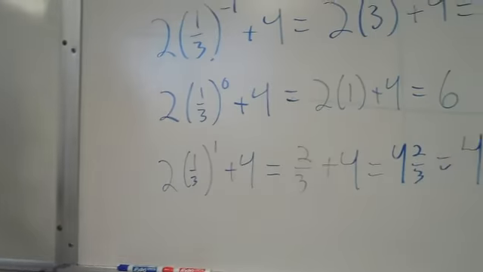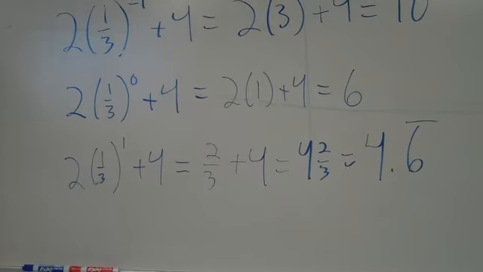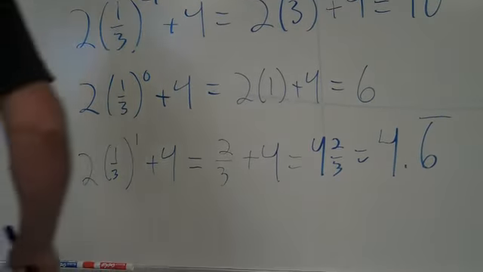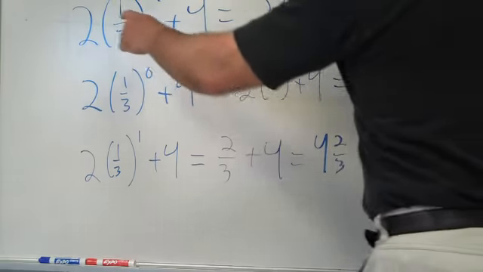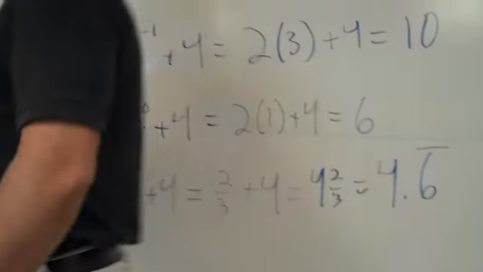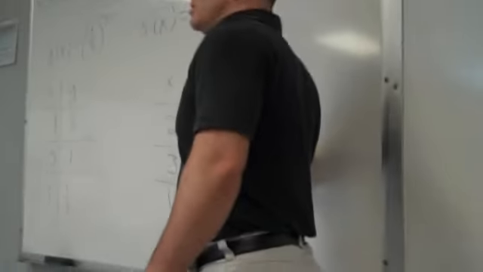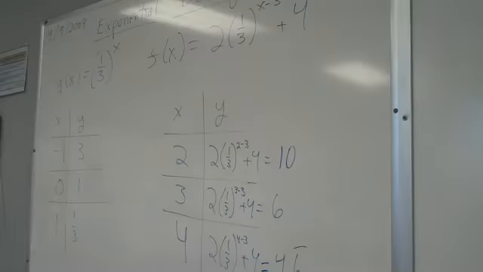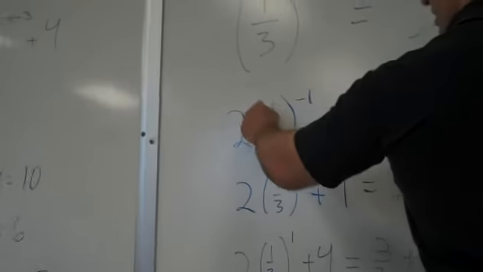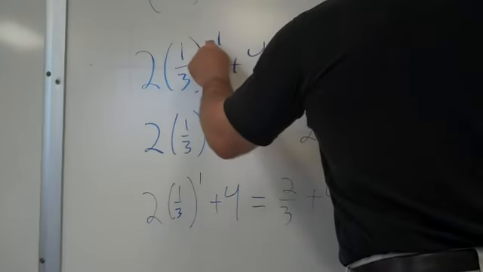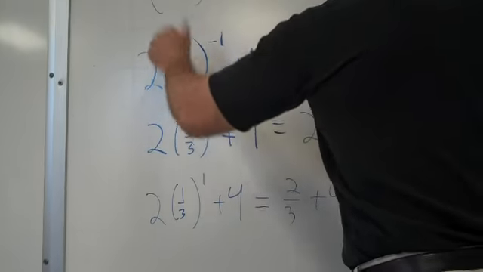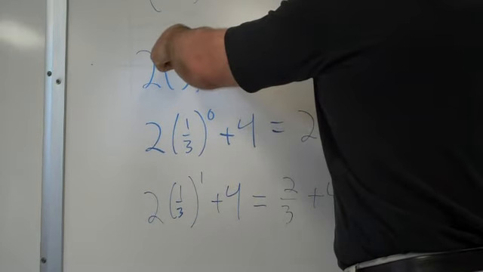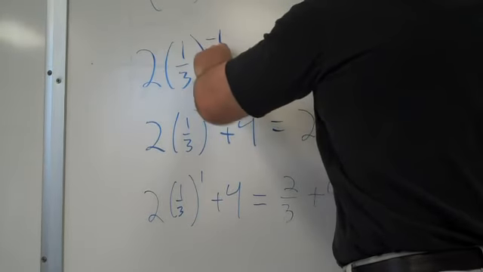How did you get 10 on the first one, number 2? We started out by putting 2 in for x, and I got 2 minus 3 up here. That gave us the negative 1. So 1/3 raised to the negative power. A negative exponent means flip the fraction and make the exponent positive.